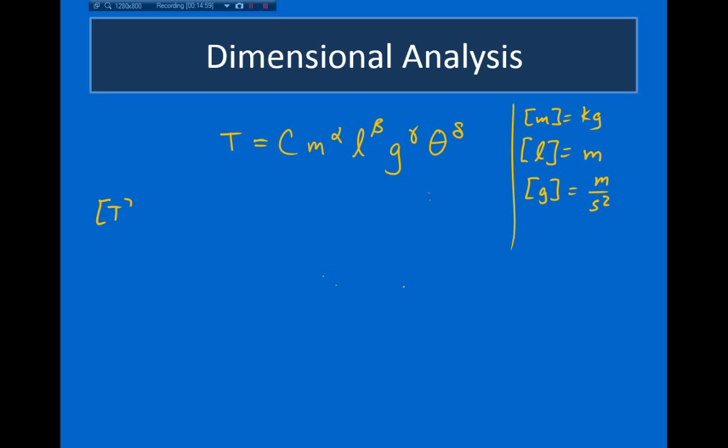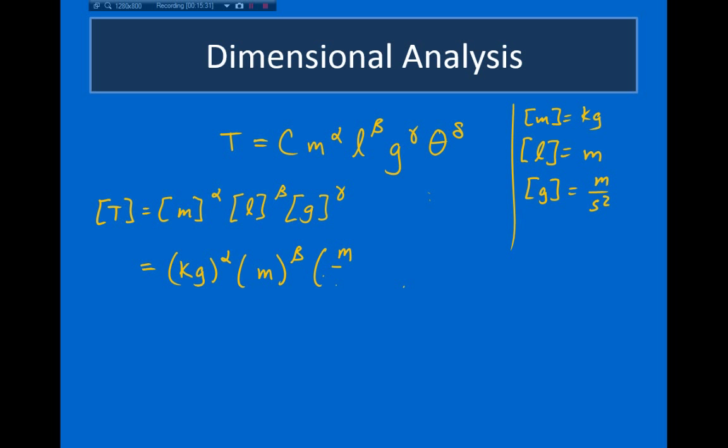So the units of t are equal to, c is a constant, so it doesn't have units, units of mass raised to the alpha power, units of length raised to the beta power, units of gravity raised to the gamma power, and unfortunately theta doesn't have units. Angles don't have units. So we have kilograms raised to the alpha power, meters raised to the beta power, and meters per second squared raised to the gamma power. And this whole thing has to have units of seconds.